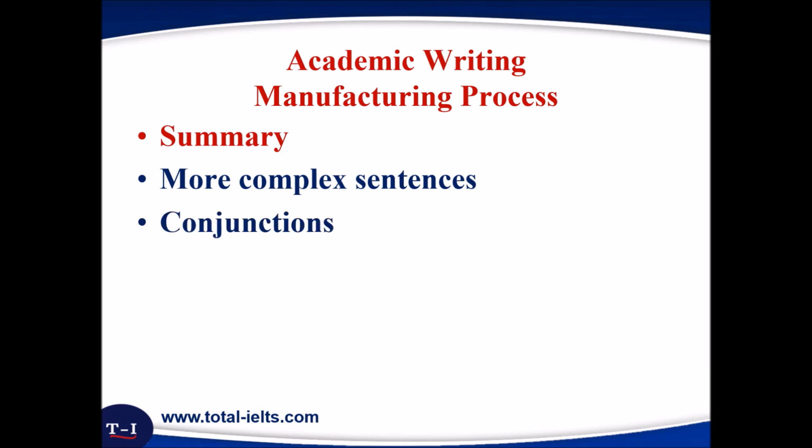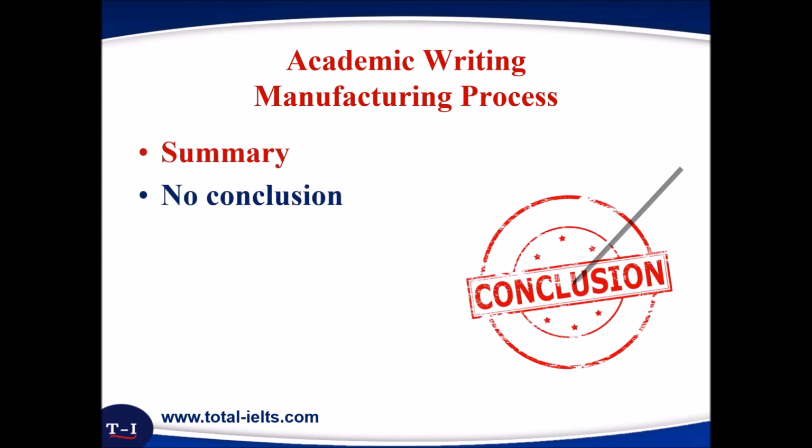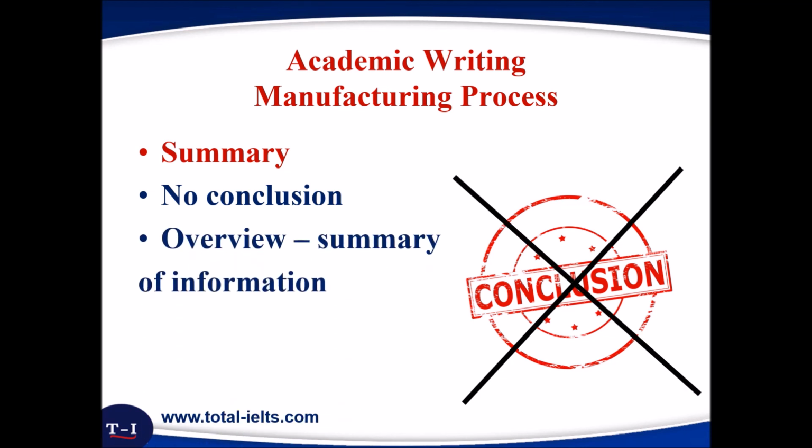Try more complex sentences using conjunctions, such as after, plus ing, etc. And remember, this is an academic writing task 1, so no conclusion is necessary. The conclusion and overview serve the same purpose. They are both a summary of the information.